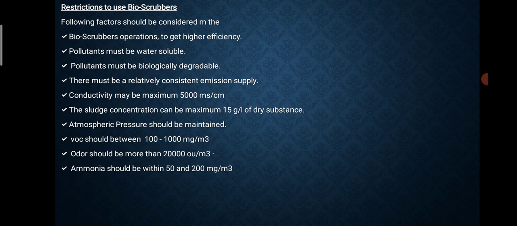Atmospheric pressure should be maintained. VOC should be 100 to 1000 milligram per meter cube. Ammonia should be 50 to 200 milligram per meter cube.